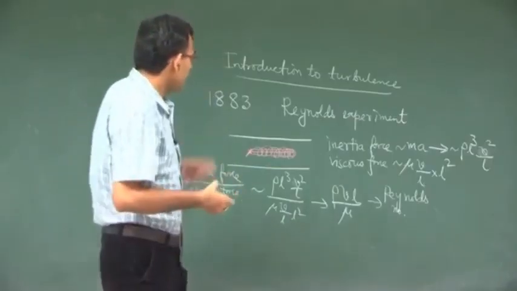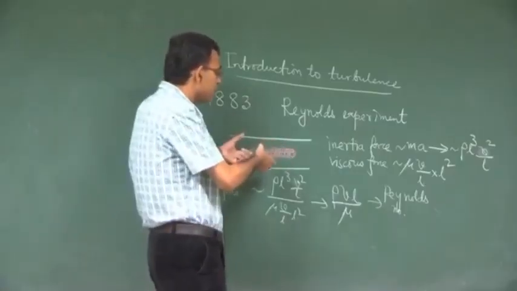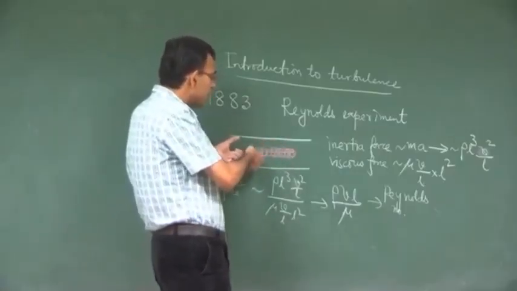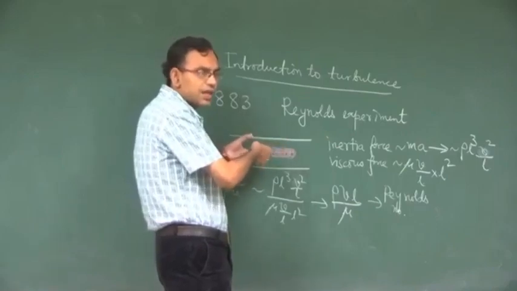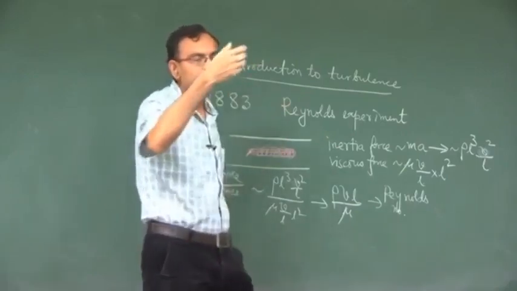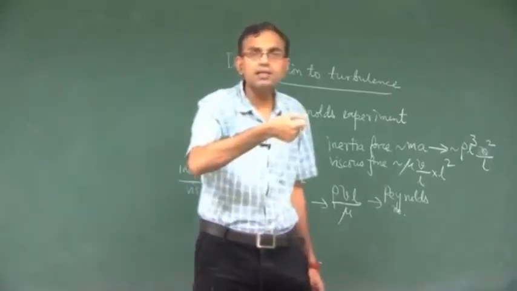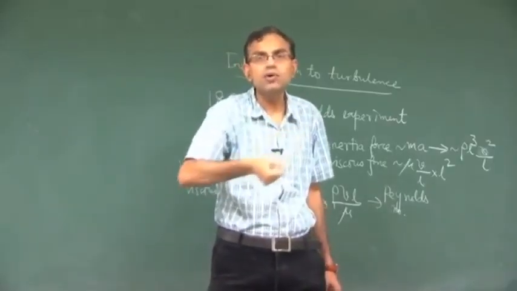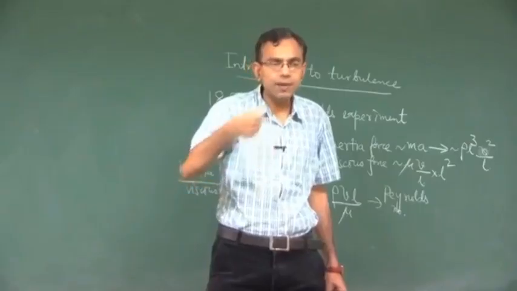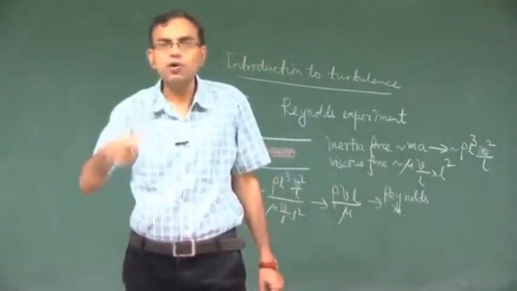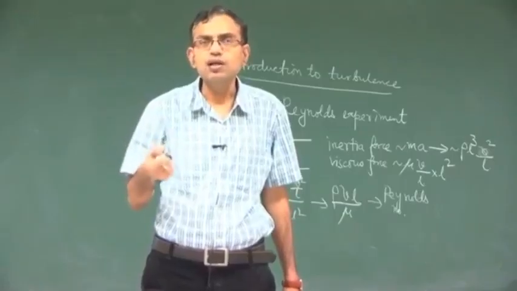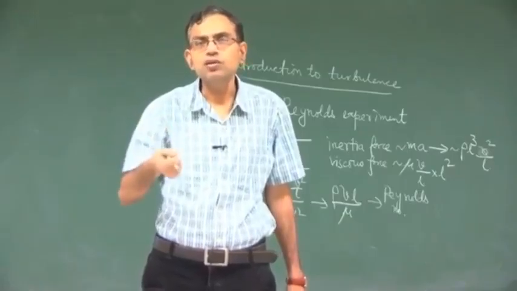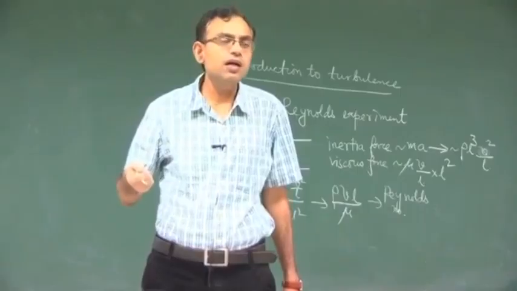So, what happens when the flow becomes turbulent? When there is a disturbance in the flow, the disturbance gets amplified if the flow is turbulent, but the disturbance gets dampened out if the flow is laminar. Irrespective of the level of disturbance, the viscous forces are so strong that disturbances dampen out below a critical Reynolds number.